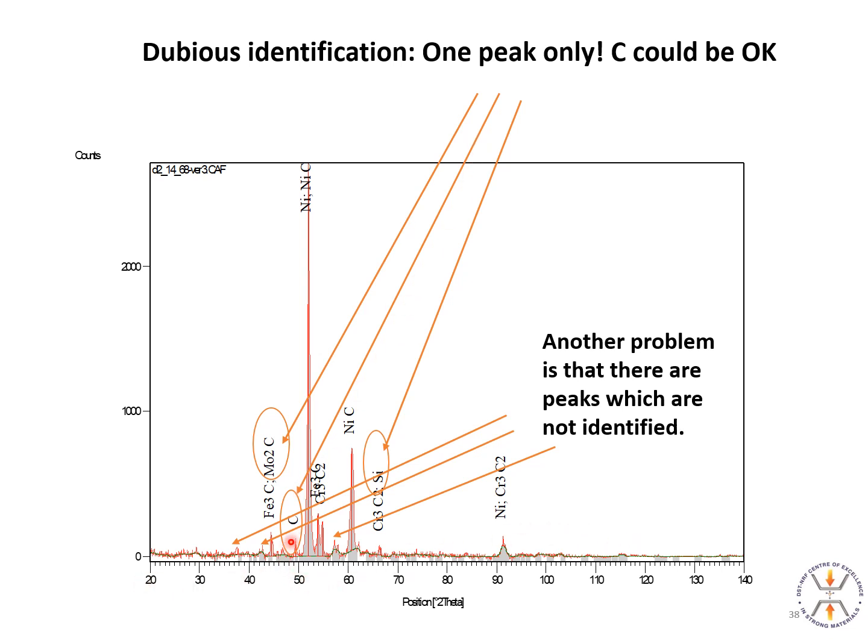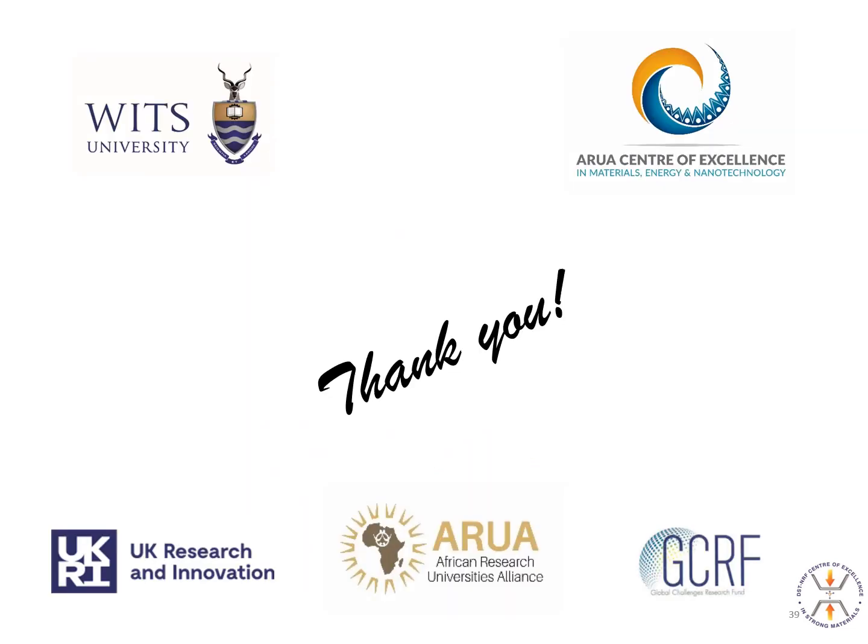I know, I've checked that. All the others should have more than one peak. So you can see this one has got 3 peaks. Okay, so that's very dubious. And then on the other hand, you've got some peaks here which aren't identified. So this was very bad identification.